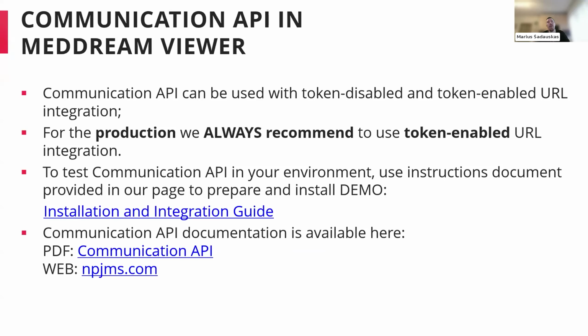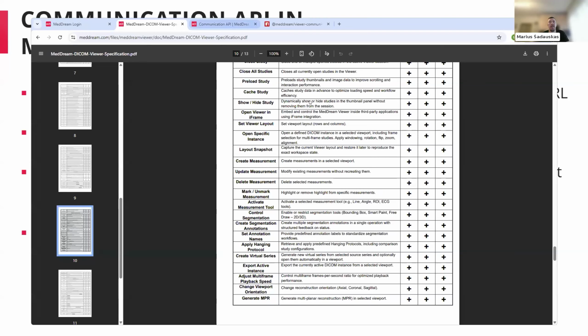So in this webinar, I will show you how this can be done, how it should be configured, and we will go through this demo integration. But I also want to show you on the website where it is located.